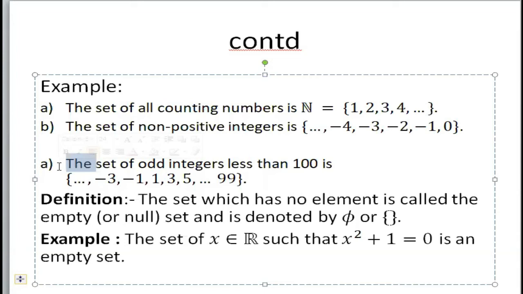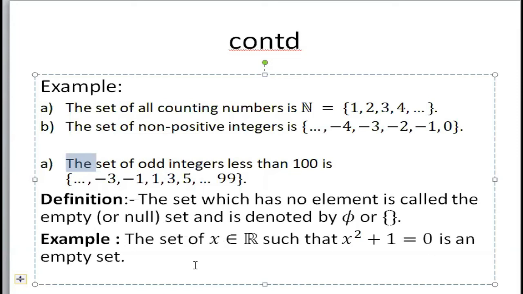The set which has no element is called, as you know, the empty set or null set, and it is denoted by the symbol you are very familiar with. For example, the set of x, an element of the real numbers, such that x squared plus 1 equals 0, is an empty set.